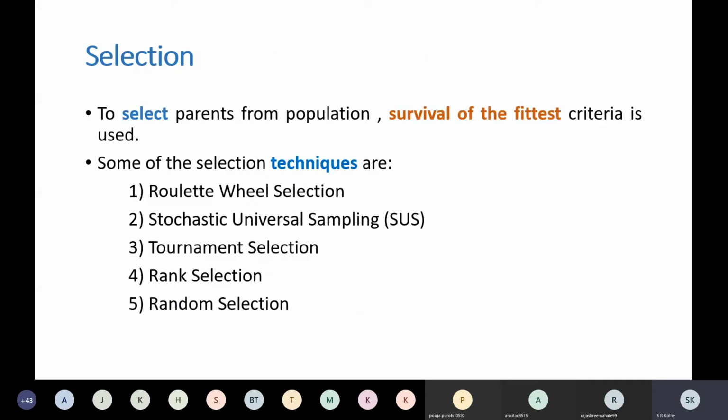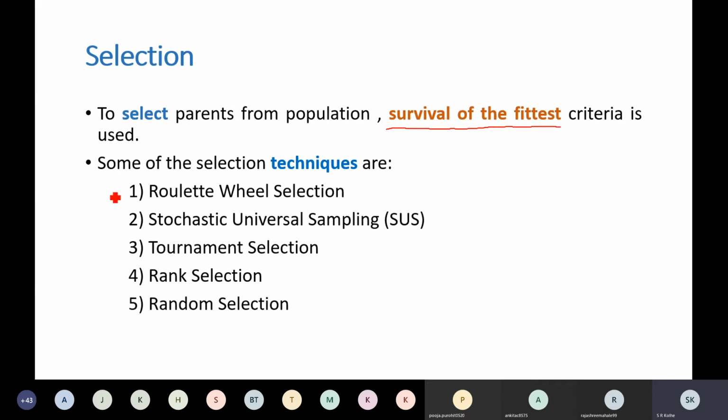Okay. So this was about the representation of population, and then we have seen the first important step in genetic algorithm, that was selection. How to select chromosomes or parents from the population, and the basic criterion is survival of the fittest in natural evolution, as we have discussed.